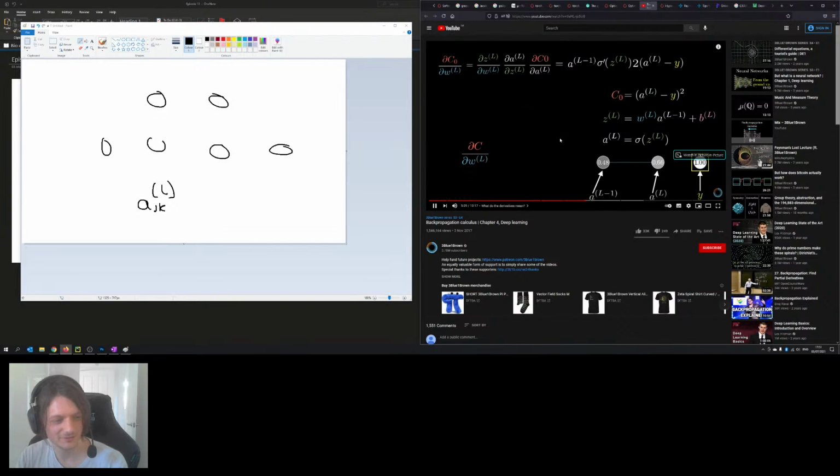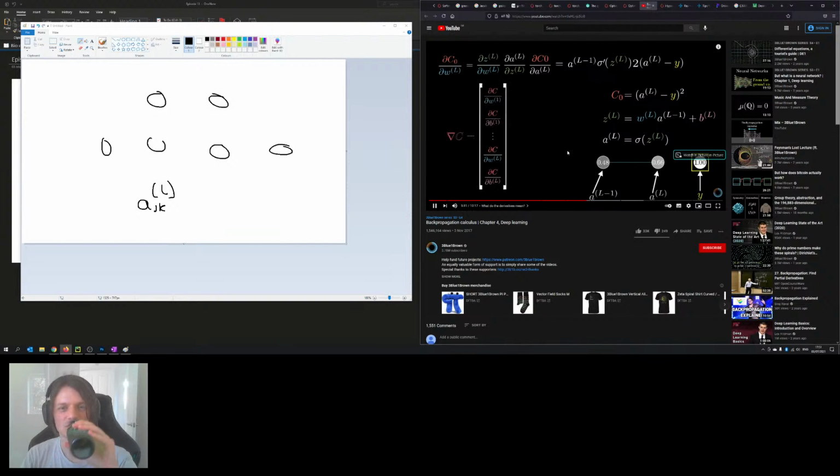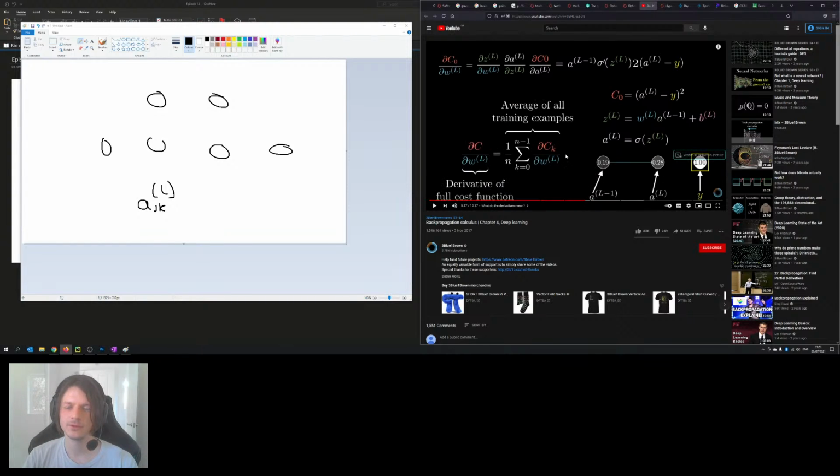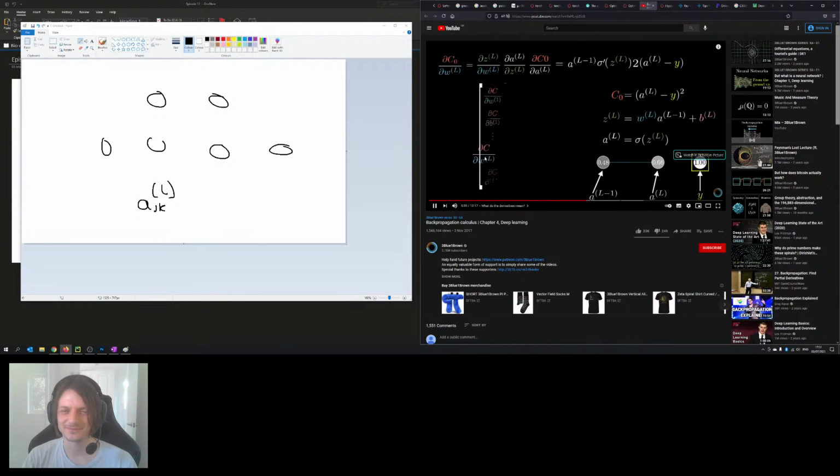Let's just watch this part. Is just one component of the gradient vector, which itself is built up from the partial derivatives of the cost function with respect to all those weights and biases. Let's listen to that again. And of course, that is just one component of the gradient vector, which itself is built up from the partial derivatives of the cost function with respect to all those weights and biases.